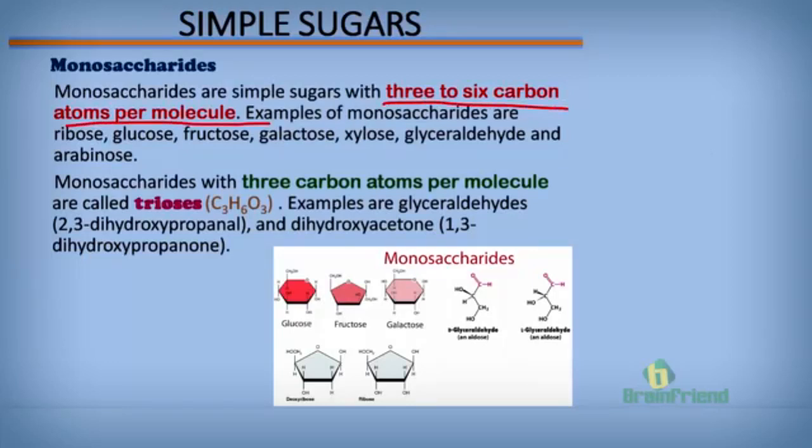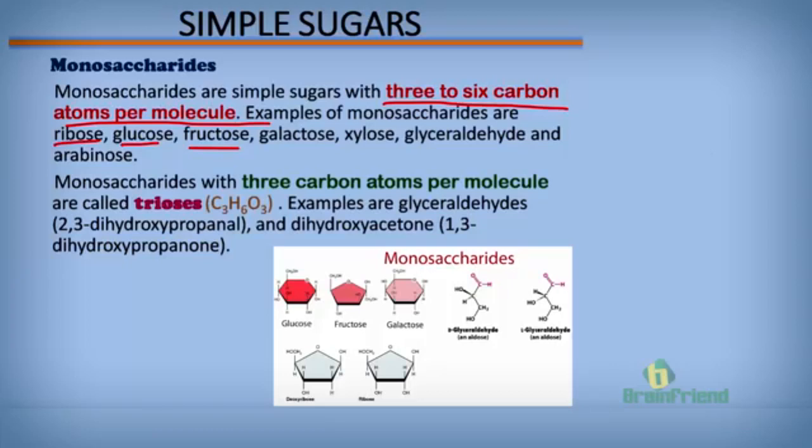Such sugars are usually single unit sugars, and they have carbon atoms ranging from 3 to 6. Some examples of these monosaccharides are ribose, glucose, fructose, galactose, xylose, glyceraldehyde, and arabinose.